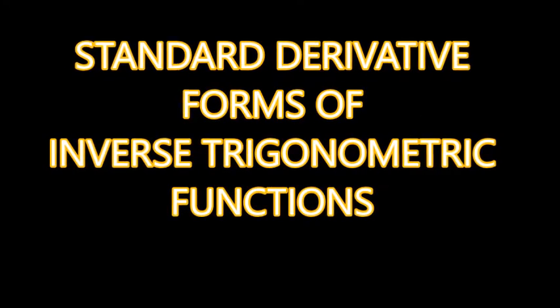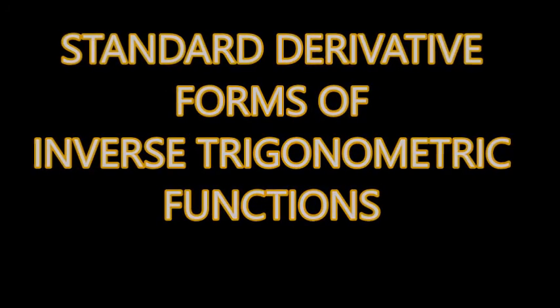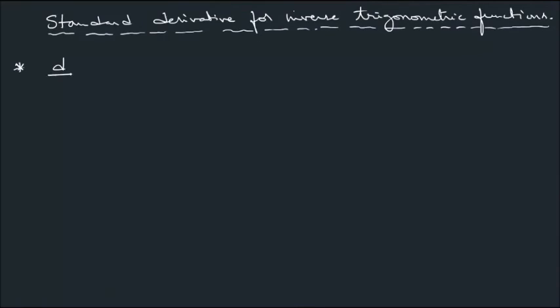Standard derivative forms of inverse trigonometric functions. d by dx of sine inverse x is equal to 1 by under root of 1 minus x square, where x square is not equal to 1.